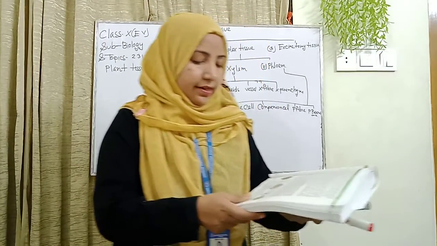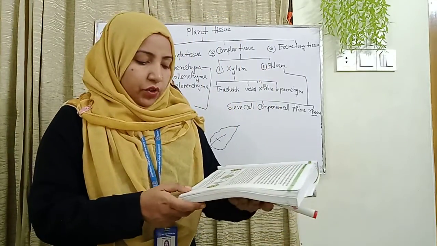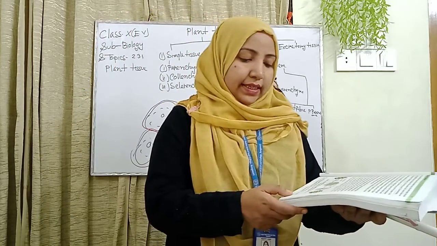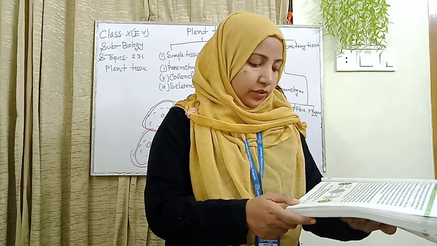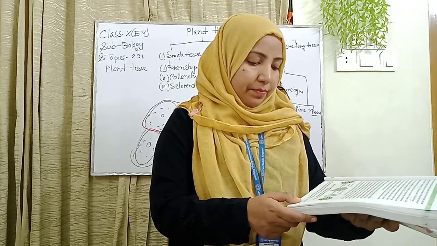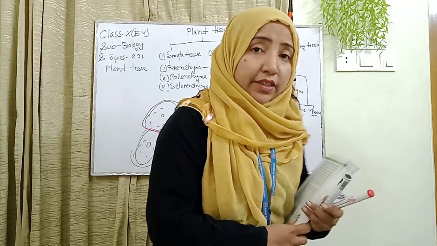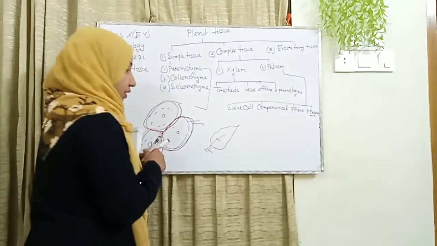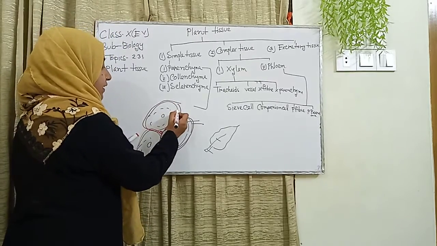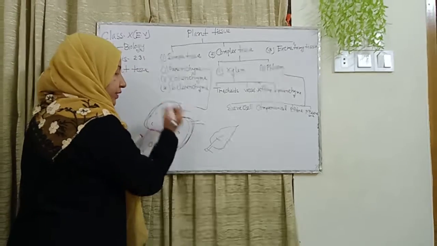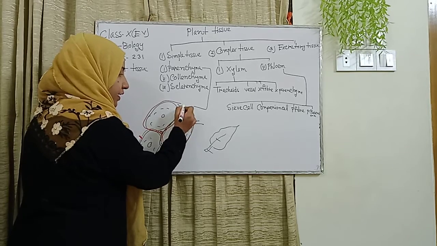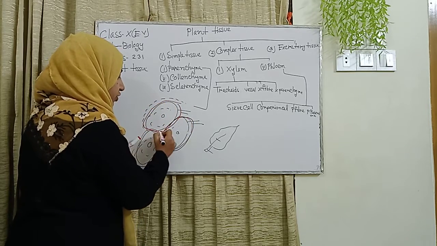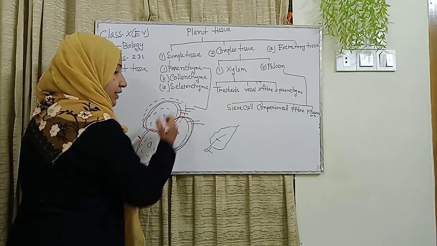What is sclerenchyma? Tissue composed of cells with thickening of walls with lignin for providing mechanical support is called sclerenchyma. I will draw the last structure. The first structure is cellulose, the second is pectin, and the third, a very strong structure, is lignin.